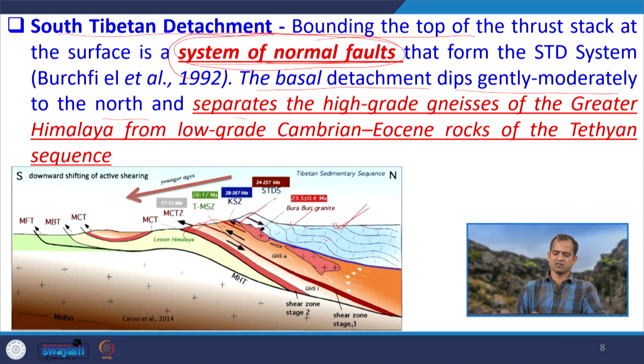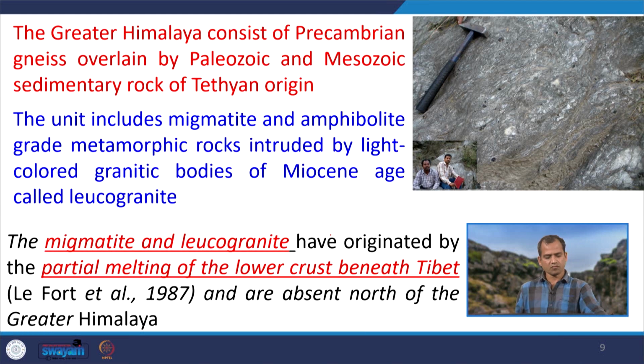This side is relatively undeformed and this side is relatively highly deformed. This high deformation is due to the thrust movement, because the sequence between the MCT and the different splays of the MCT is there. That is why it is more deformed by comparison.